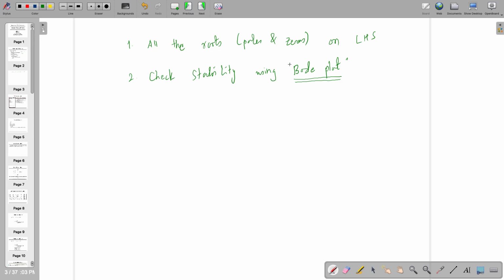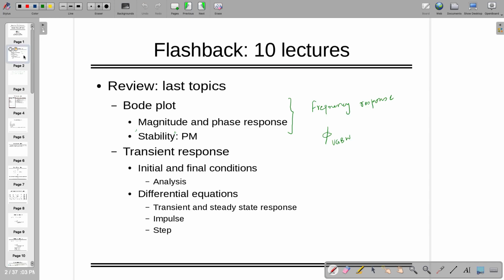But let's see how much time this will take, because the previous few lectures were expected to be known to you, so that's why I took it just as revision, right? One lecture was on initial condition and final condition, depending on V0 minus and V0 plus, or I0 minus and I0 plus, which can be found out by shorting or open circuiting the capacitors and inductors.